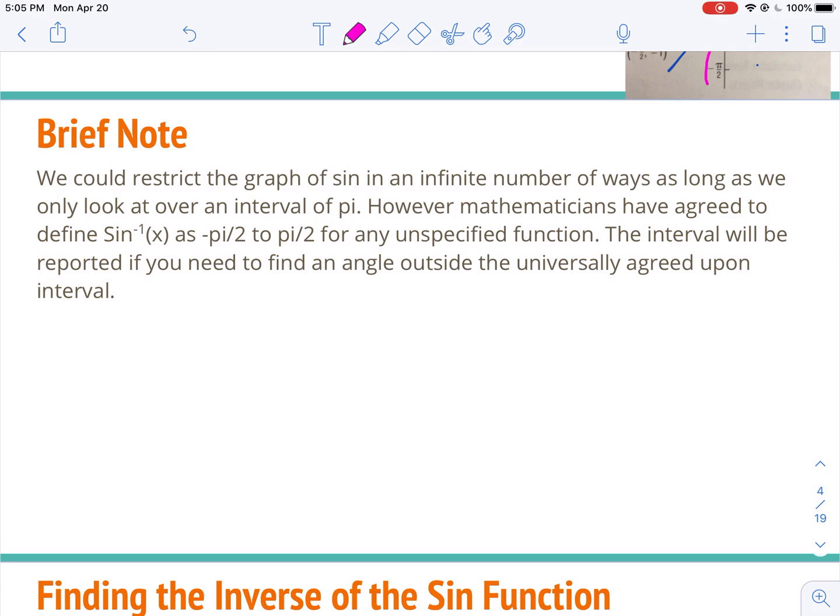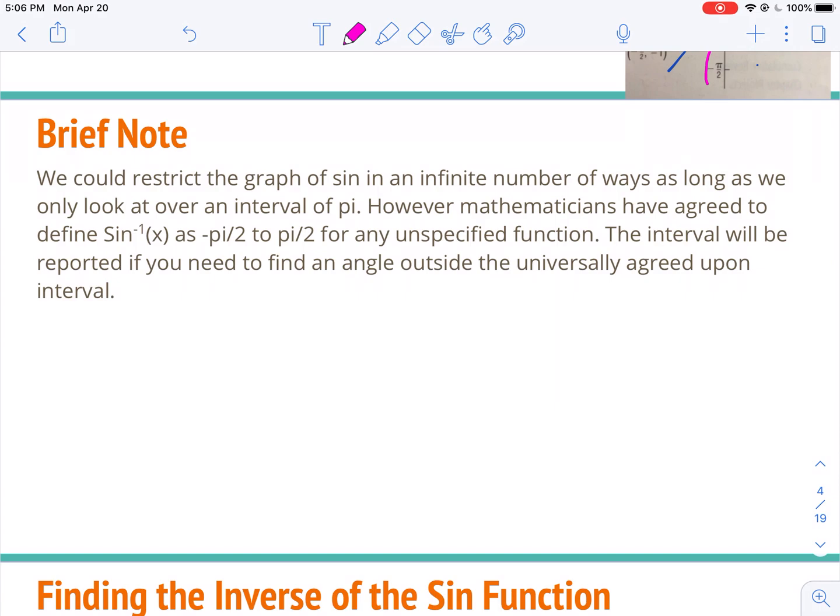I could restrict this so many ways that would allow me to look at my sine function solely as a one-to-one function, which would allow my inverse function to exist. But mathematicians have agreed to set it from negative pi over 2 to pi over 2 for any unspecified function.